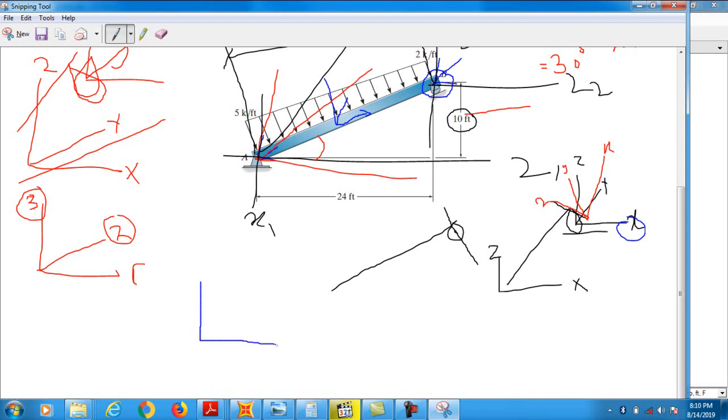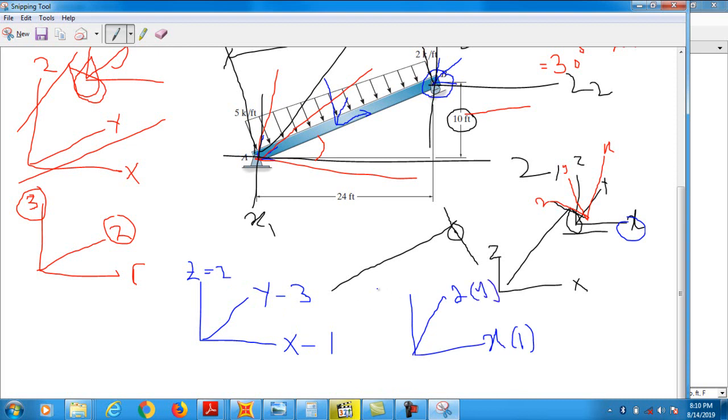In the global axis, for the x axis we use 1, for the y axis we use 3, and for the z axis we use 2. While in the local axis, 1 is for x, 2 for y, and 3 for z. You must know this difference.